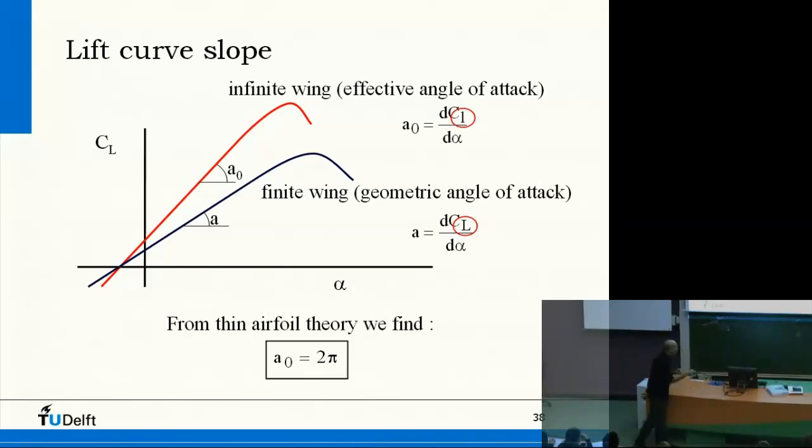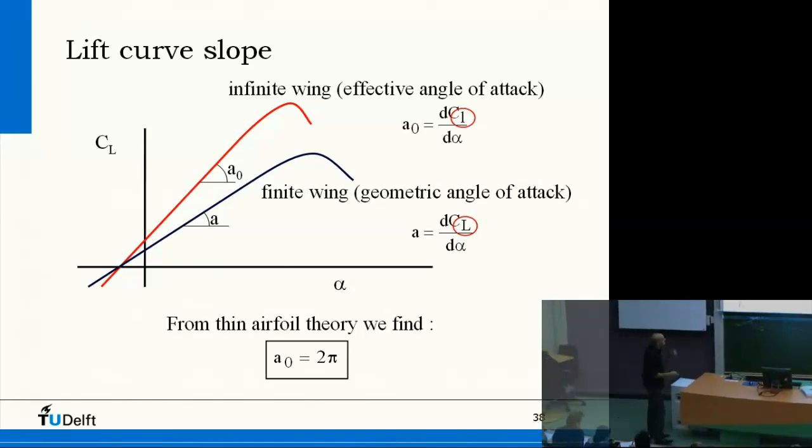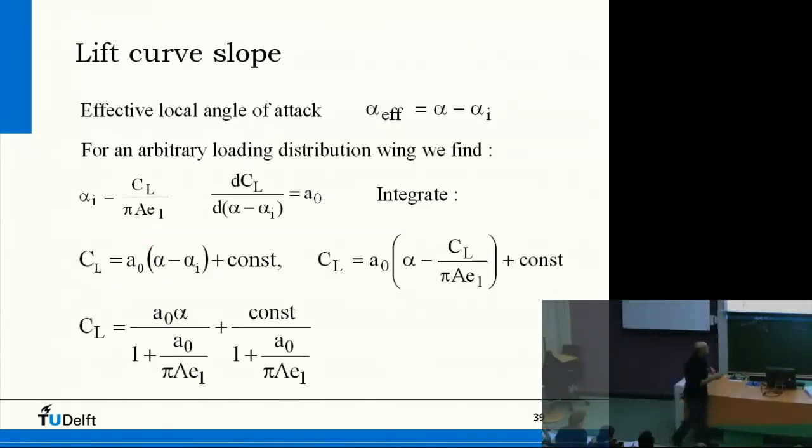It's about 2 pi, right? And you see, if we have a finite wing, then the CL0 is of course the same, because when we have CL0, then there is no induced drag. So the CL of the airfoil is the same as the CL of the wing. There's no induced drag, because CL is in the formula of induced drag. Now, let's do it slowly.